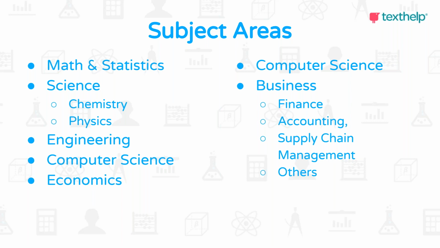That's what happens with things like computer science or economics, business, finances, accounting, supply chain management. So have in the back of your brain that it's not just math and STEM, but economics, business, etc.